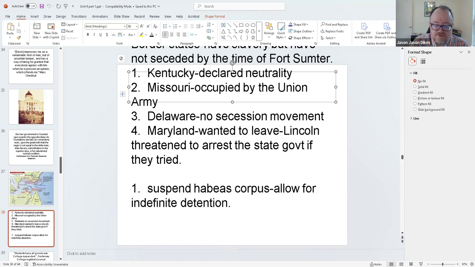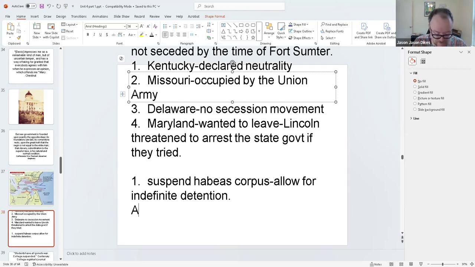This is a very controversial decision. The Constitution does allow for it. Article 1, I think Section 8 says you can suspend habeas corpus in times of external invasion or internal rebellion.